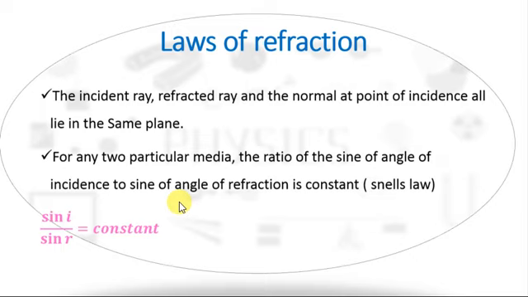When the angle of incidence is 30 and the angle of refraction is 20, when I divide sine 30 by sine 20, the answer I get will be the same as you'll get if the angle of incidence becomes 35 and the angle of refraction becomes 21. That's what this law means: it will always remain the same for as long as you have not changed the media.